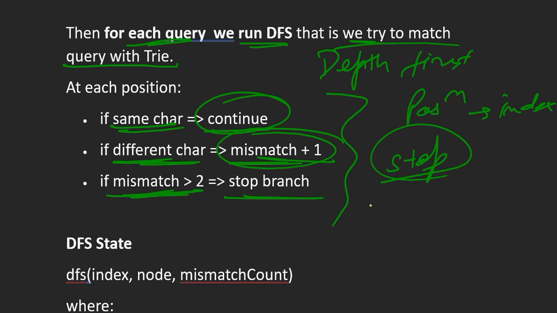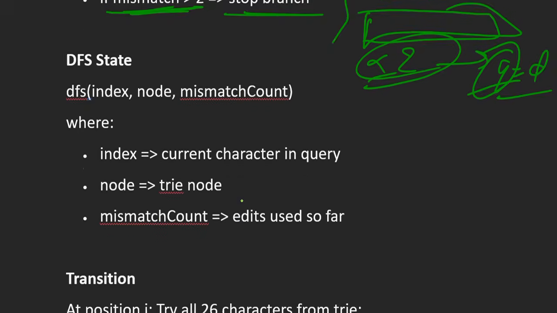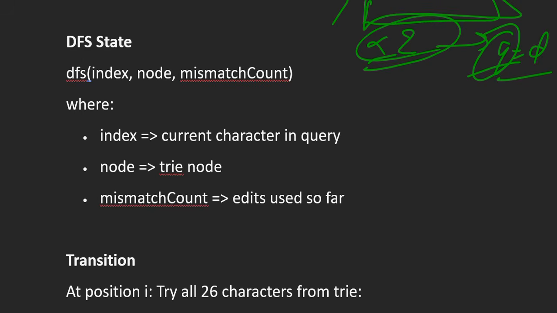But if we compare the whole branch, and the number of mismatches is less than or equal to 2, that means we can change Q to D, and we store Q in our answer. So let's see the DFS state. In DFS state we will be taking three things.